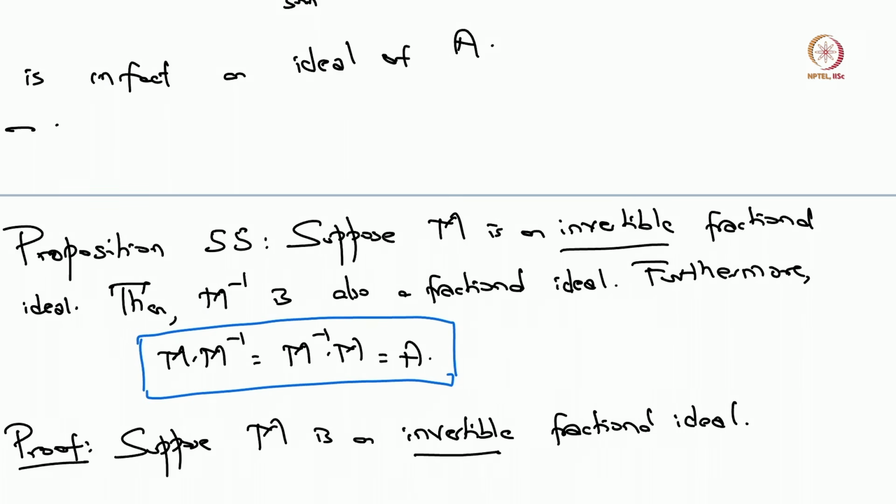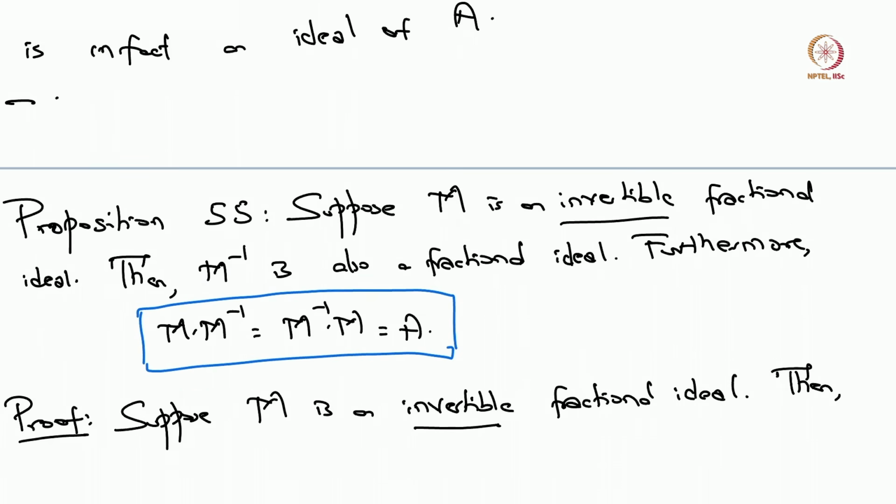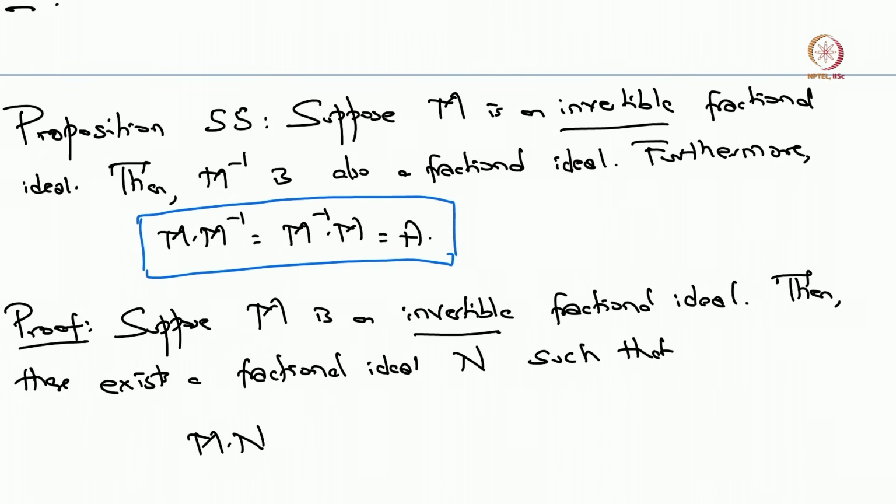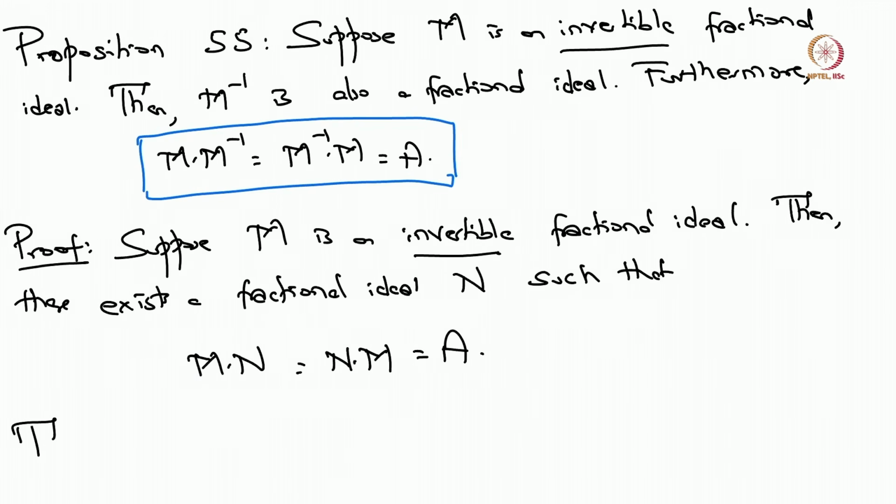And what that means is that there exists some other fractional ideal N with the property that M times N equals N times M equals A. Okay, so the red box is given to us because by hypothesis M is an invertible fractional ideal.